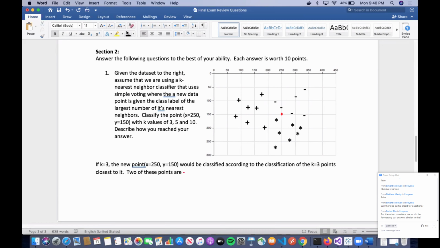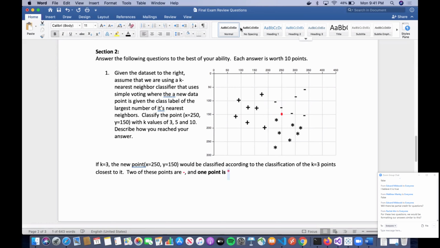Let me change that color. And one point is, so we have 2 of the points are hyphens, right? And one of the points is a star.